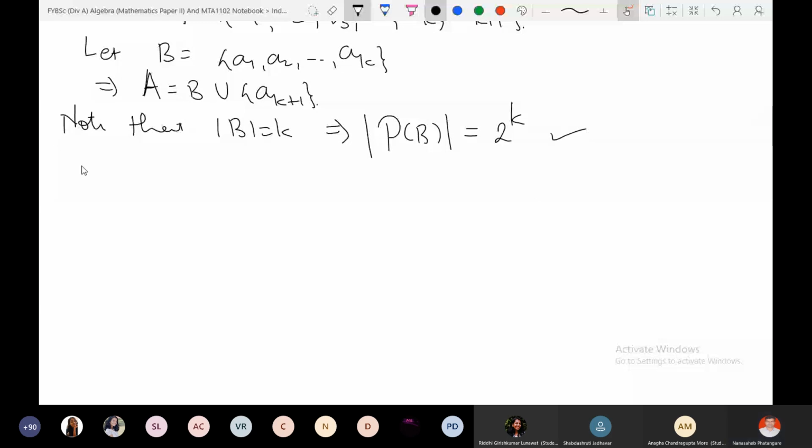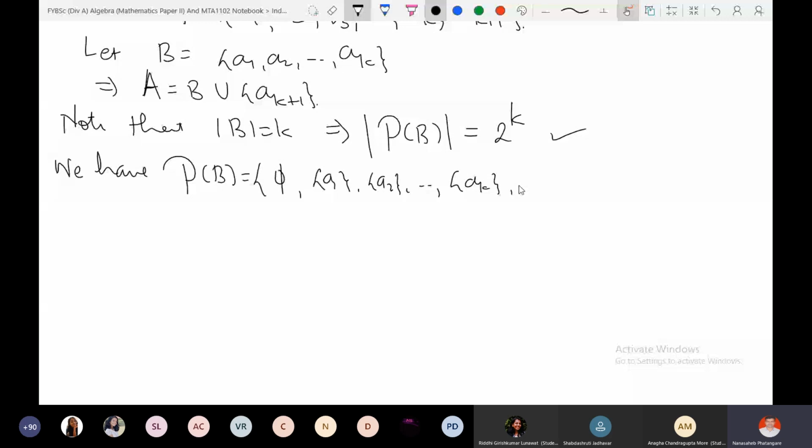Fine. So what is the power set of B? The power set of B is the empty set, then all single elements, A1, A2 and so on, AK.